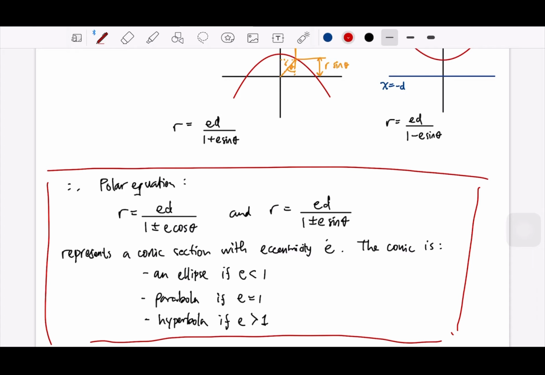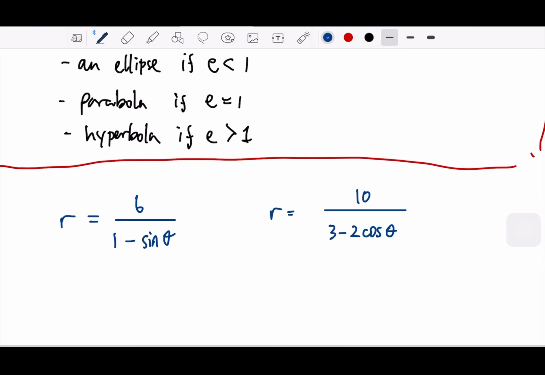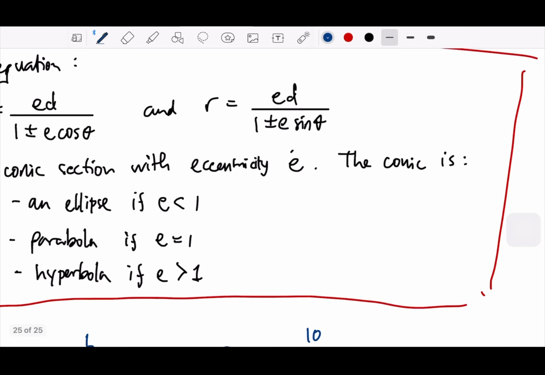And similarly, if you have r, for example, equals 10 over 3 minus 2 cosine theta. What we are going to do first is look at the equations.